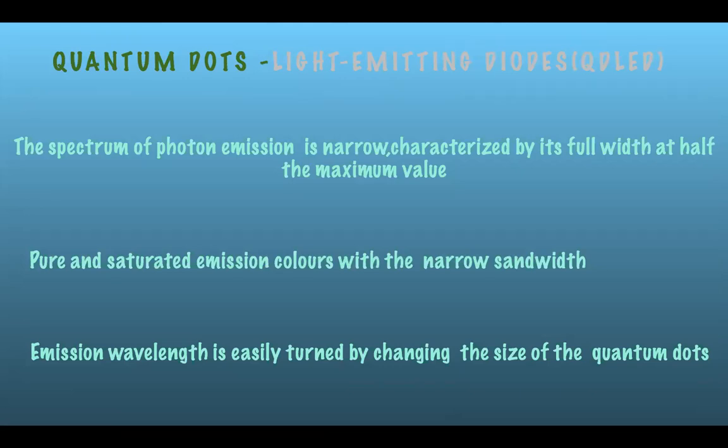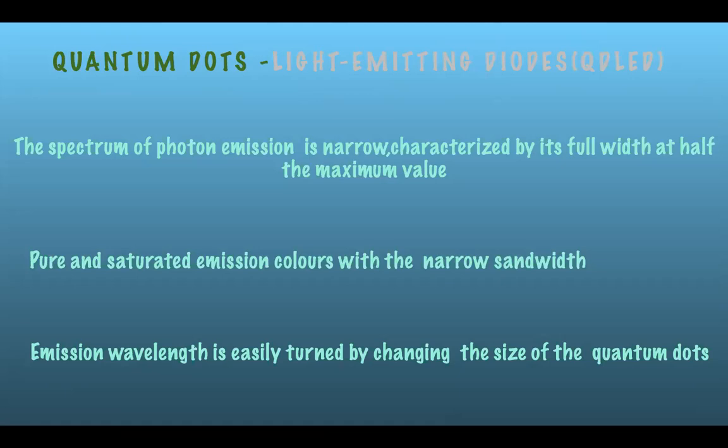Quantum dot LEDs are a new form of light emitting technology based on nanoparticles, and their structure is similar to OLED technology. Although in this technology, the layer of quantum dots is placed between electron and hole transporting layers, like a sandwich structure.